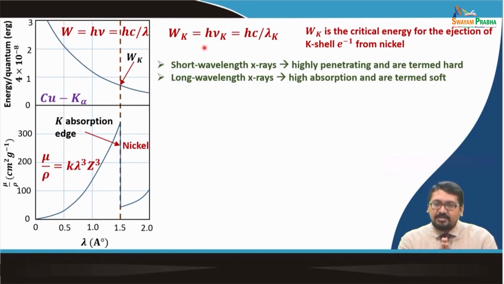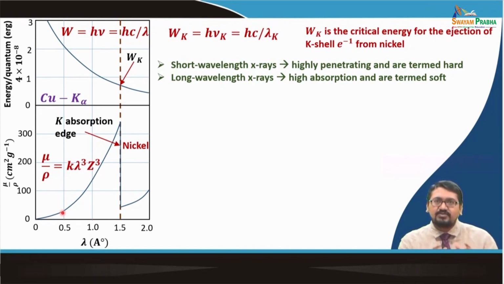But you see that even though as the X-ray wavelength is shortened and reduced, the penetration depth reduces because the mass absorption coefficient is reducing. But at a certain critical excitation energy or critical excitation voltage, it is enough to eject a K shell electron from nickel.